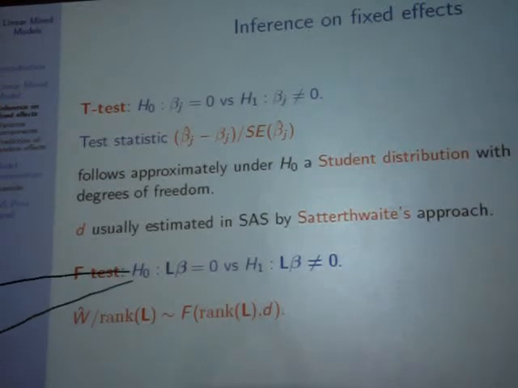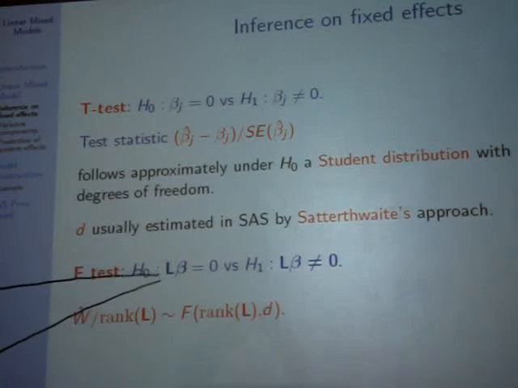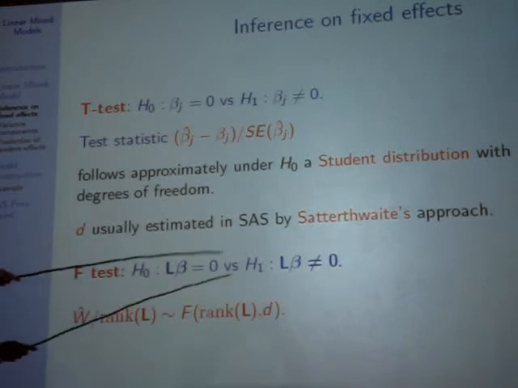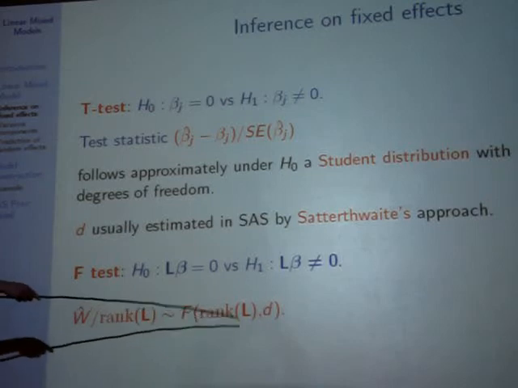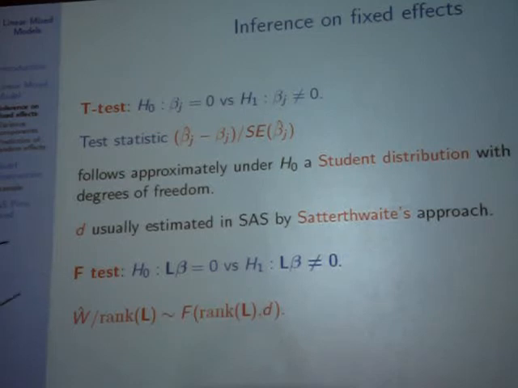Similarly, if you want to test a hypothesis such as L beta equals 0 versus L beta different from 0, the test statistic is W hat divided by the rank of L, the rank of the contrast matrix, and it follows approximately, under the null hypothesis, a Fisher distribution with rank of L and d degrees of freedom. And this is the F-test.